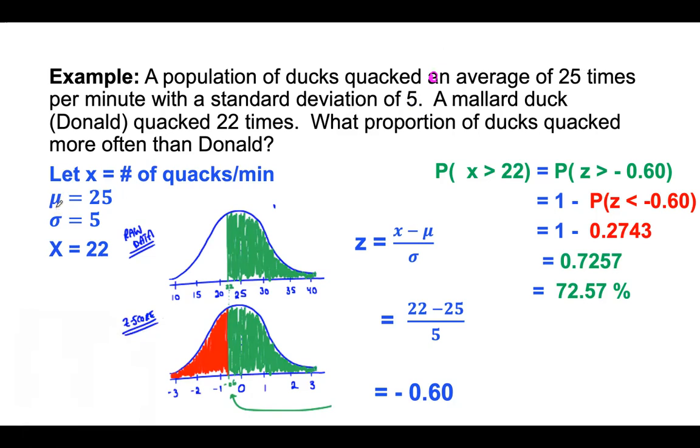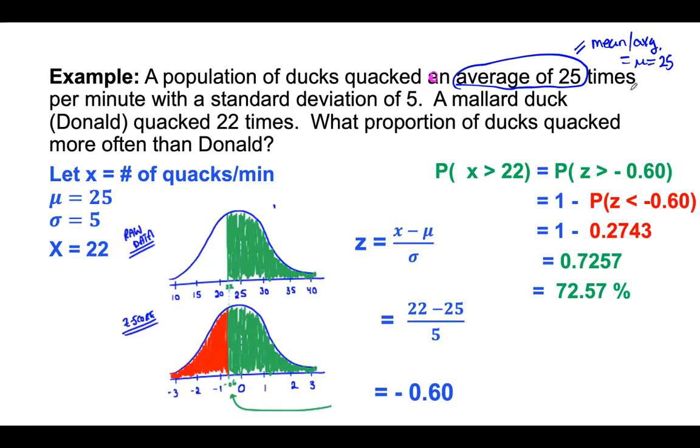So we have the mean, because it says average of, so that means mean, remember, it means average, which means mu is equal to 25 per minute with a standard deviation of 5.